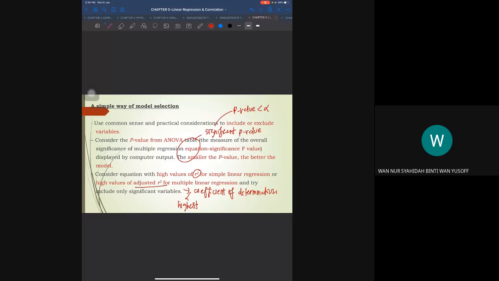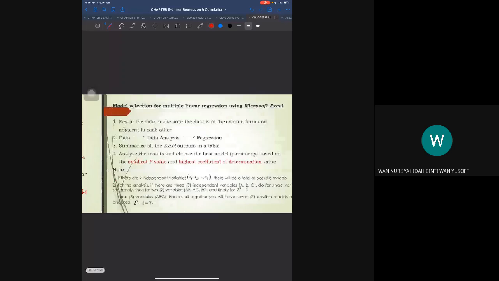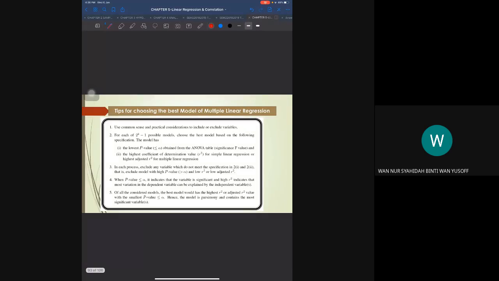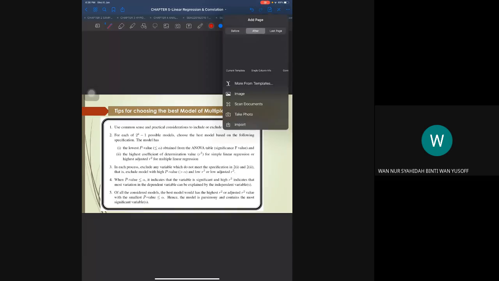Okay. So in general, the best model is the model with the significant p-value and also the highest coefficient of determination value. Okay. So the step that we need to do before we do the model selection: before we go to the model selection, first we need to know how many models we need to consider.